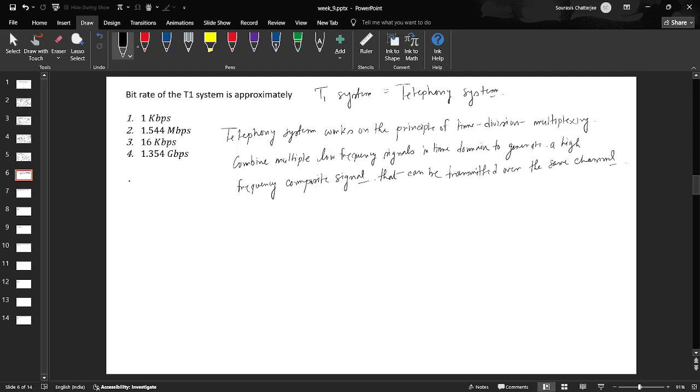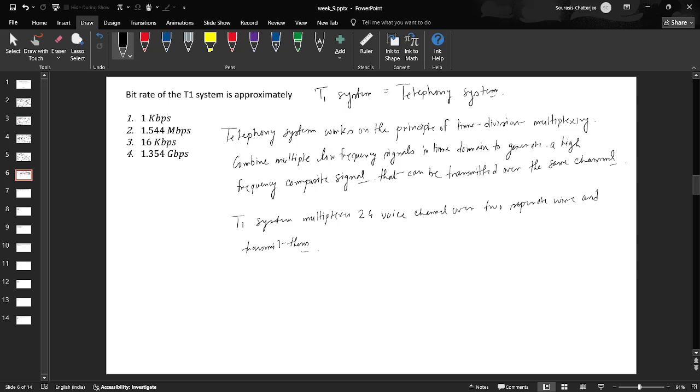So the system in consideration here is a T1 system. It multiplexes 24 voice channels over two separate wires and transmits them.